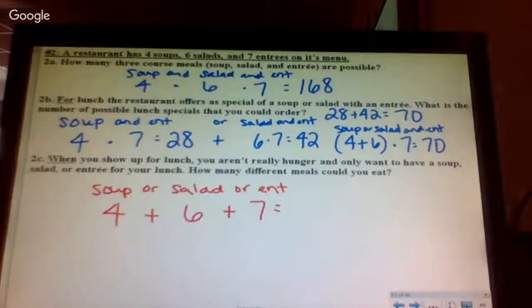You've got 17 different things you can choose. Oh, restaurant, okay, never mind. I didn't pay attention to that. I thought it was separate. All on one page because they all go together.